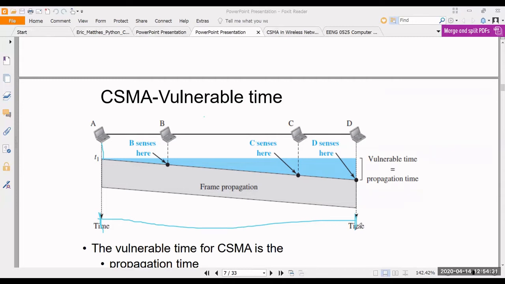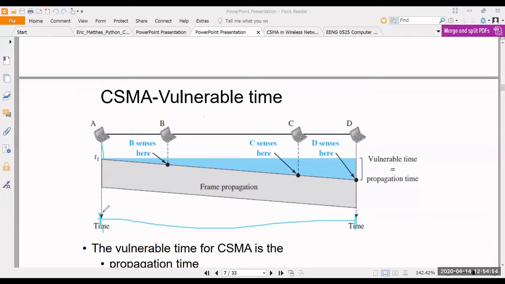So if you look at it, it's throughout the propagation time. Because until it gets to the last person, it will not be able to determine whether or not the line is free.